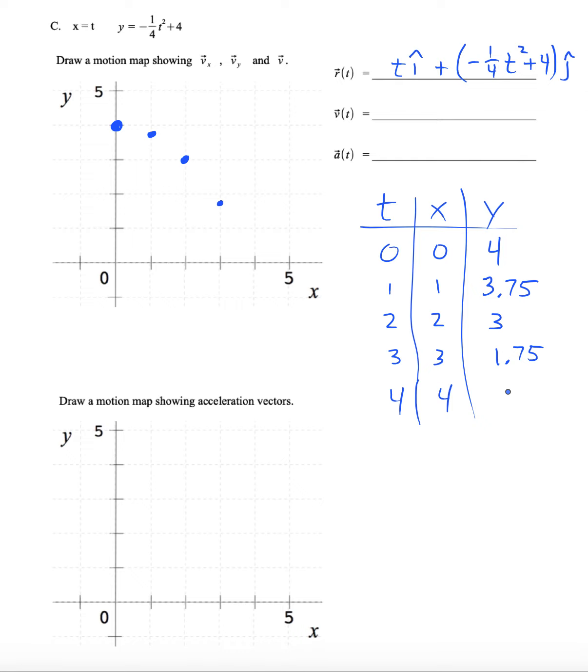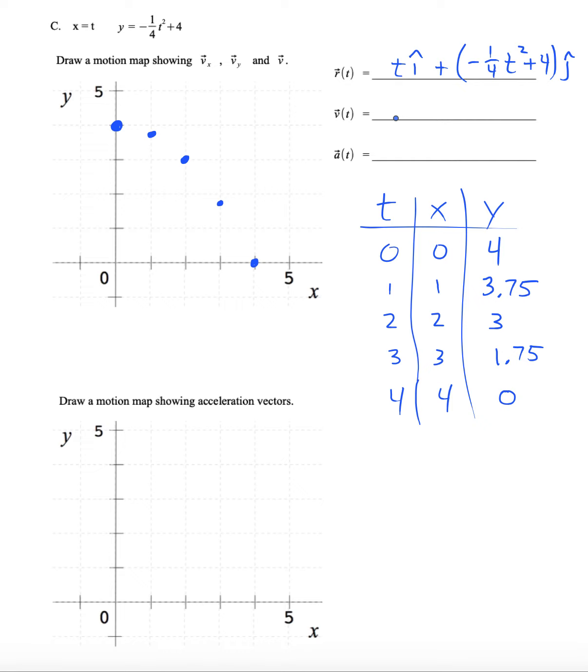And finally, when t is 4, our y will be 0. The motion of this particle mimics an object that's in free fall near Earth's surface. There's obviously some kind of acceleration happening, so let's reveal that through the differentiation.